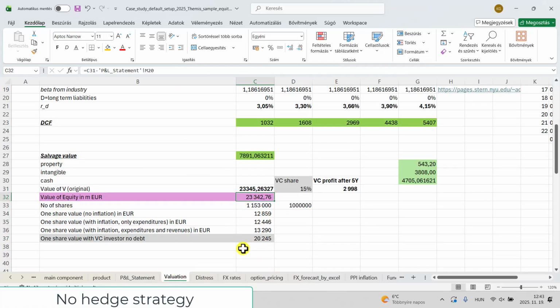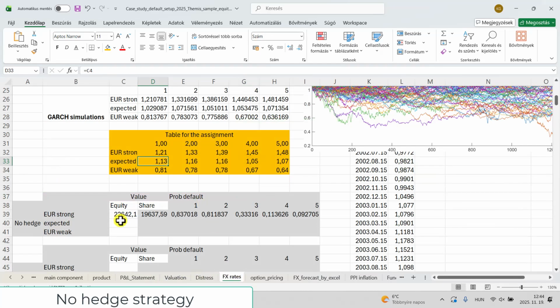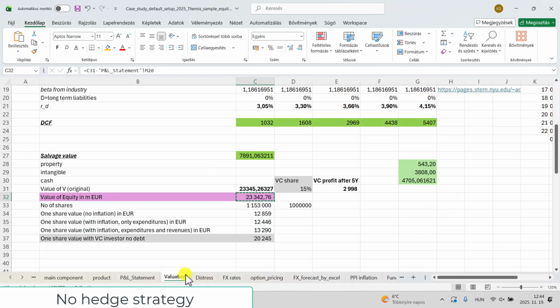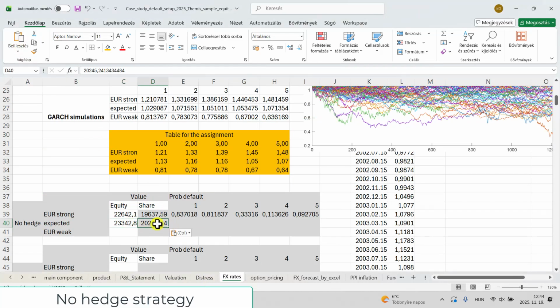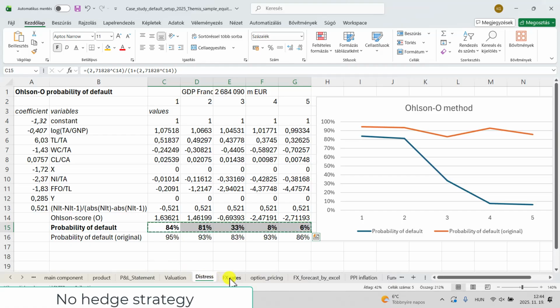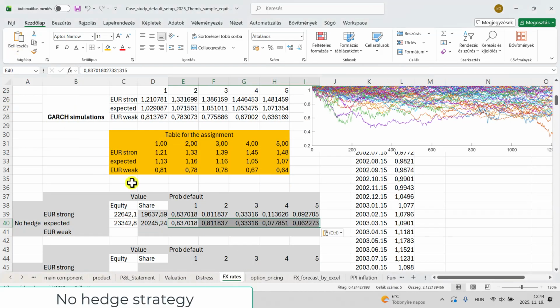That's why valuation should also be positively affected. Yes, share price increases slightly, and equity value also increases. Let's see distress. Are we more distressed? Okay, from 9 it decreases to 6. So practically this has zero impact whatsoever.